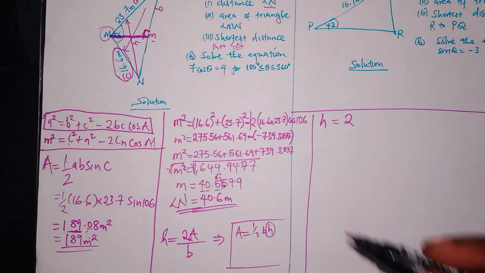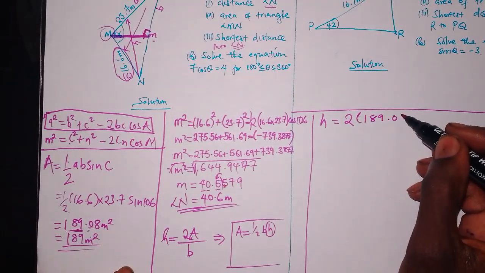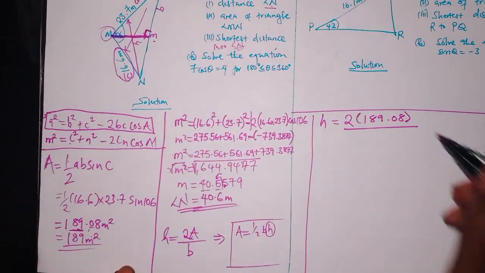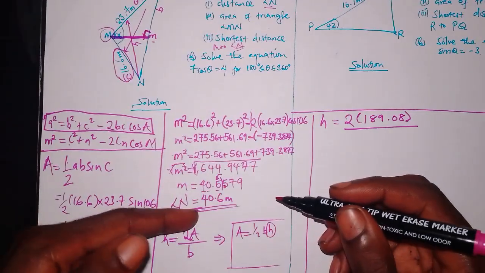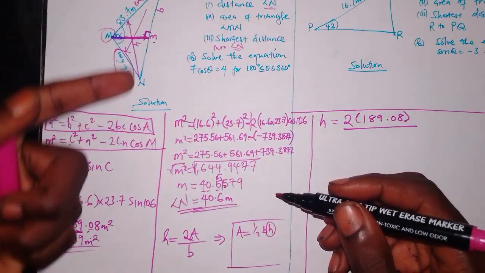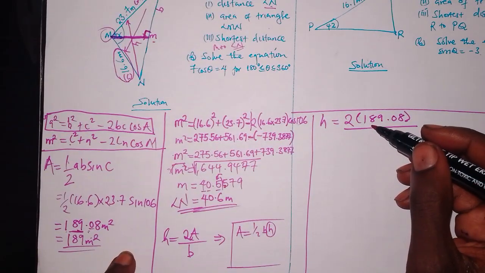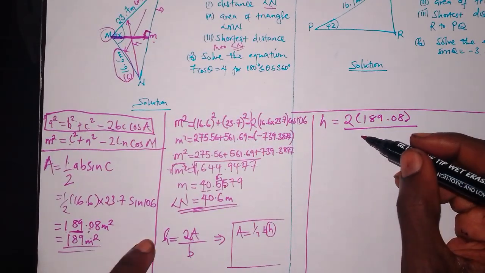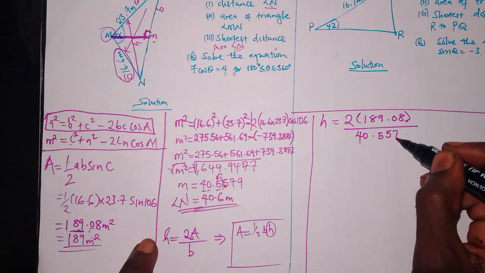So you say 2 times the area, which is 189.08. Then we divide it by our base, which is LN, because this is where the line is going. Again, pick the one with point, 40.5579.